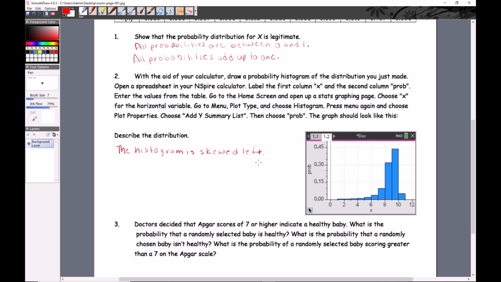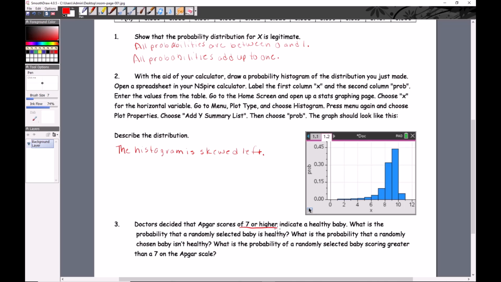Can't really point out anything else. We will, in a day or so, figure out how to calculate the mean of this thing, which will be like the balance point, and even the standard deviation. So that's good stuff.